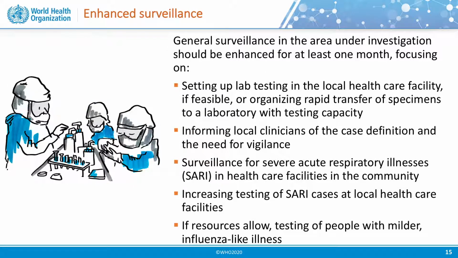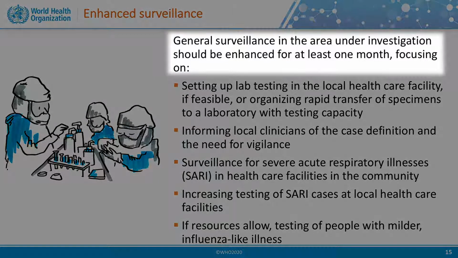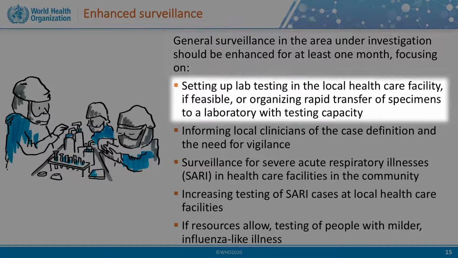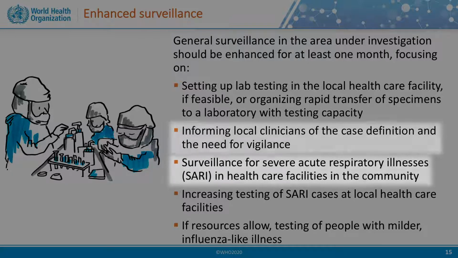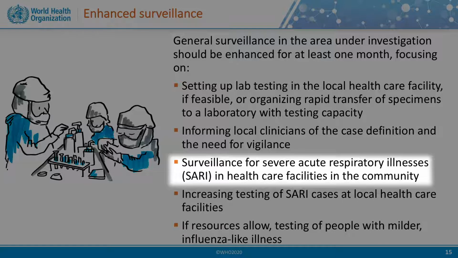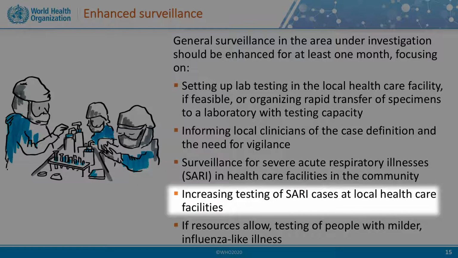It's also important to conduct enhanced surveillance. General surveillance in the area under investigation, meaning the area where you've identified cases, should be enhanced or increased for at least 1 month, focusing on setting up lab testing in local healthcare facilities, if feasible, and organizing the rapid transfer of specimens to laboratories that can conduct testing, informing local clinicians in the area of the case definition and the need for vigilance to identify further cases, to conduct surveillance for severe acute respiratory illnesses, or SARI, in healthcare facilities in the community, and increase testing of those patients with severe acute respiratory illness at local healthcare facilities.